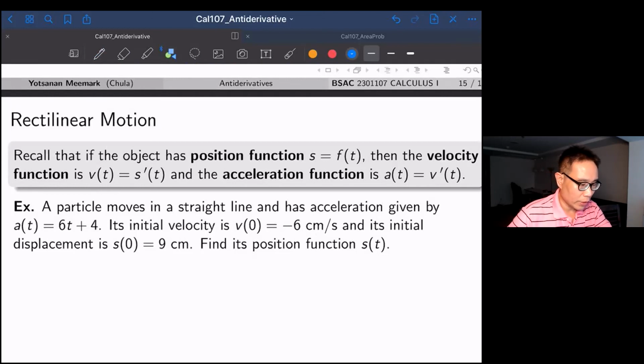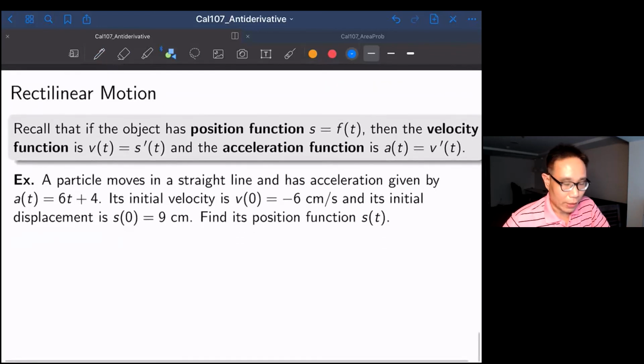So you have v(t) equal to s'(t), and the acceleration function turned out to be the second derivative of s, so it's the derivative of v, so it's going to be v'(t). So this one is the acceleration function.